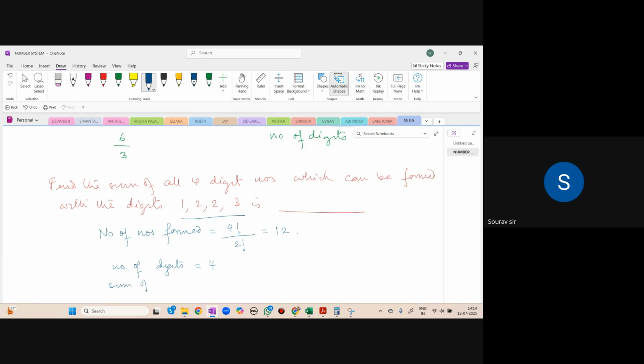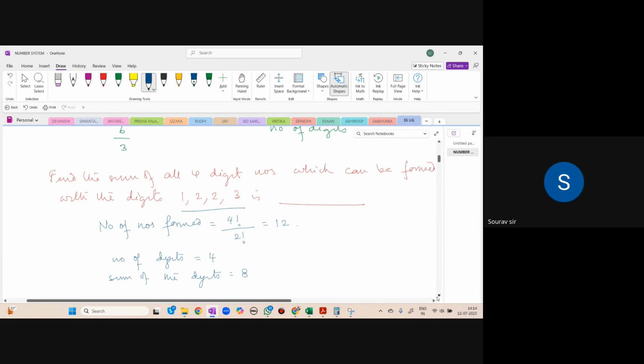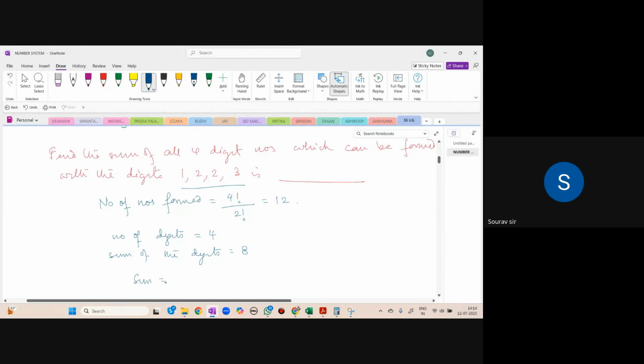Sum of the digits: what is the sum of the digits? 8, sir. 8. So what would be the total sum? Number of numbers formed 12, by number of digits 4, into sum of the digits 8, into 10 to the power 0 plus 10 to the power 1 plus 10 to the power 2 plus 10 to the power 3. Now calculate this.